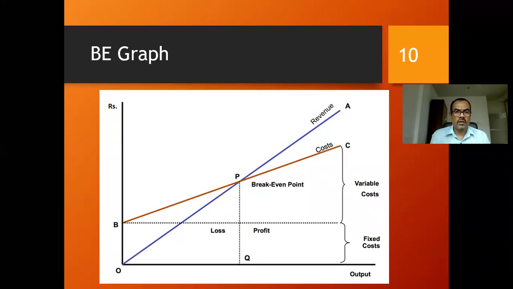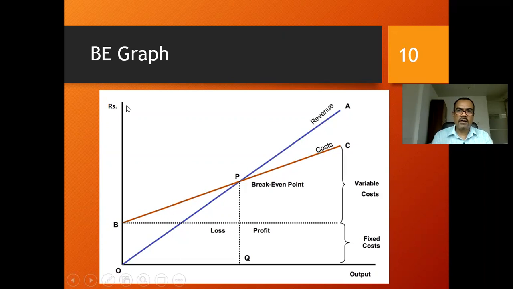That's most important. On your y-axis, the left-hand side vertical axis, that is the value, rupees. Here we use different lines: revenue line, costs. Therefore, this rupee value can be either revenue or cost.